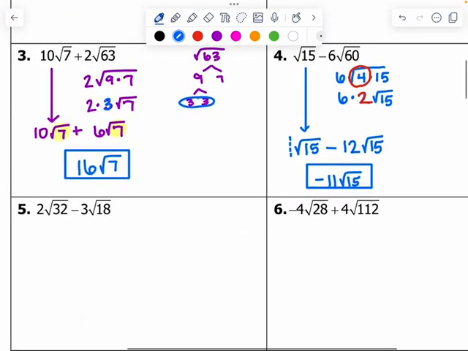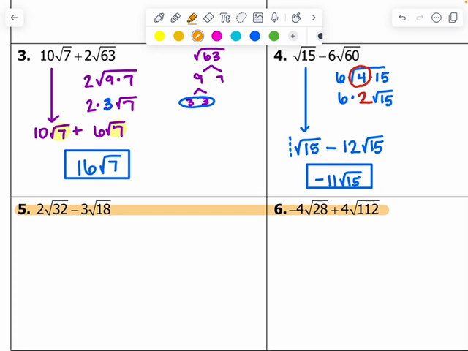What I would like you to do is complete number 5 and 6 on your own. I'm going to have you press pause, work on those 2 problems, and then press play, and I'll go through the problem so you can check to see if you did it right. So press pause, do number 5 and 6 on your own.